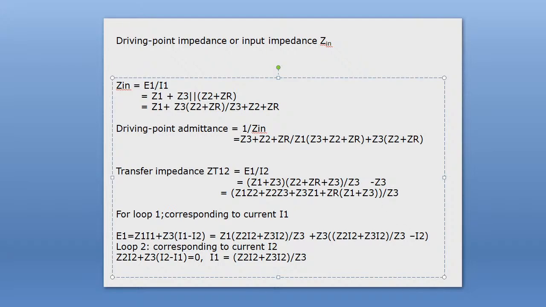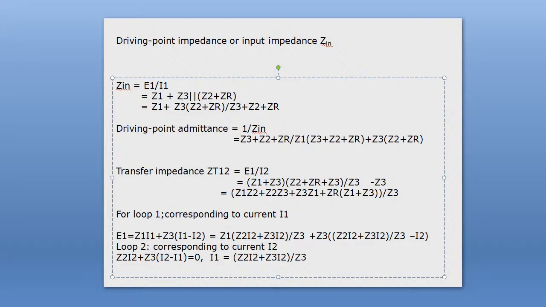Okay, so everyone see the final expression of transfer impedance. If you have any doubt or face any difficulty in deriving the expression of transfer impedance, please let me know. This is a straightforward approach.